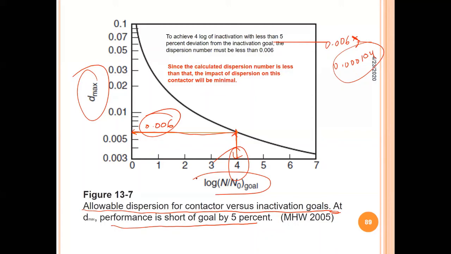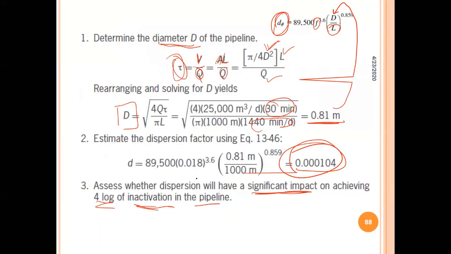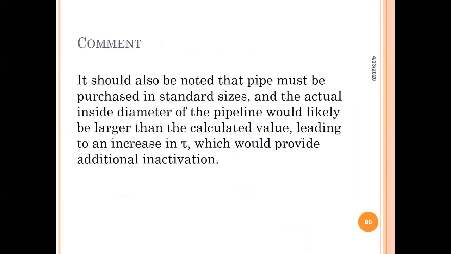But in a real case we have to work with a standard size diameter pipe, so it will be more than this one. We cannot have exactly 0.181. In practical application we will have something different. If we use the actual inside diameter of the pipeline, we can calculate a different residence time, and the disinfection will be better.